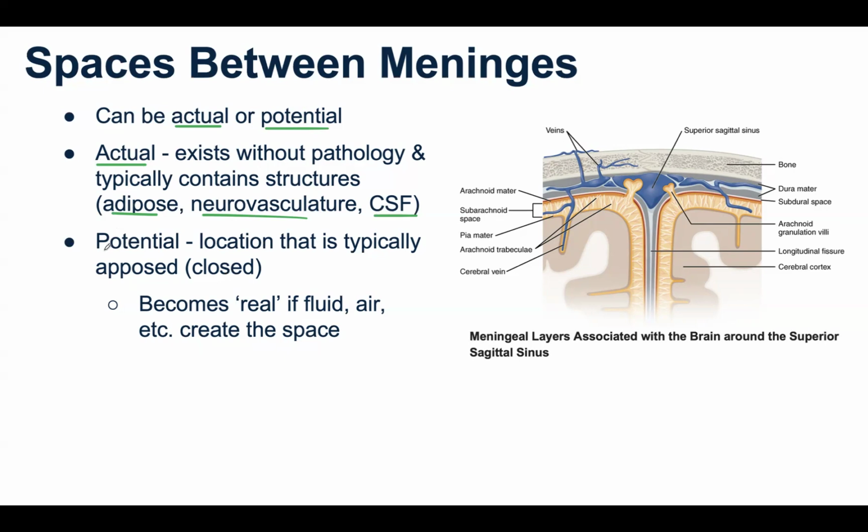A potential space is a location that is typically opposed. So those two surfaces are typically so close together it's closed off, so it's not a real space, but can become a real space with the entrance of, say, blood or fluid or air that will separate the normally adherent structures. And there are going to be three major spaces that I want to discuss. These are going to be the most clinically relevant.